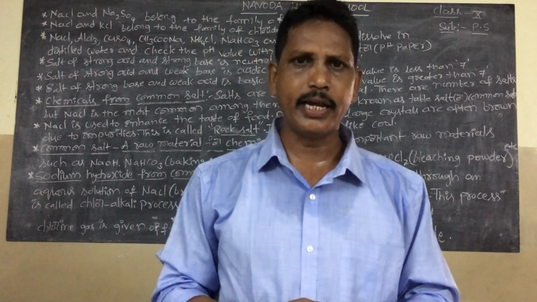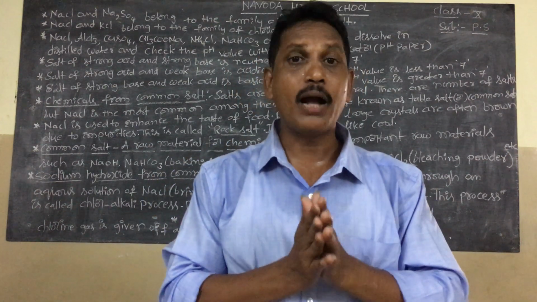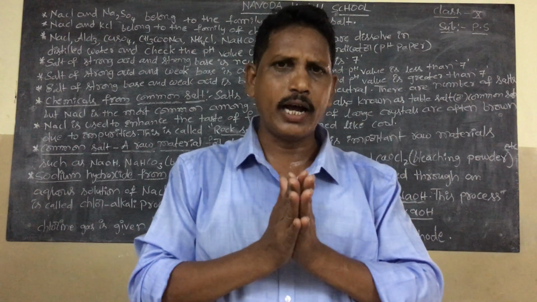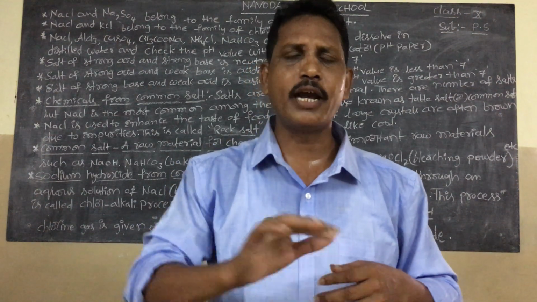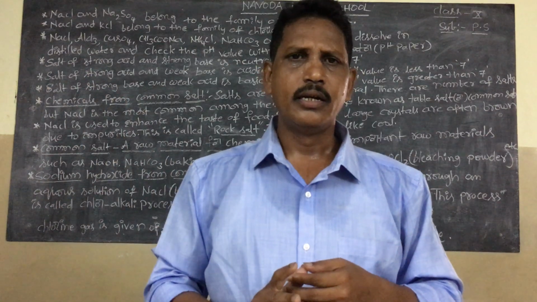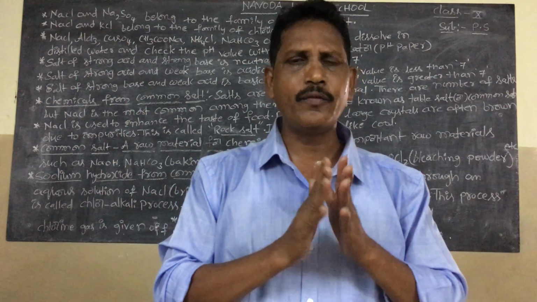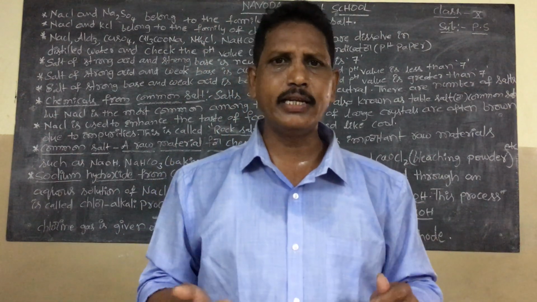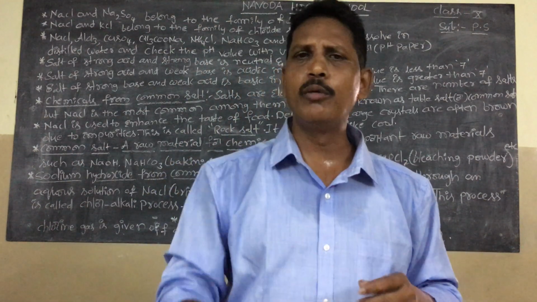Okay. Common salt, NaCl, sodium chloride, is the most important among all salts. The chemical name of NaCl is sodium chloride. The common name of NaCl is common salt or table salt.